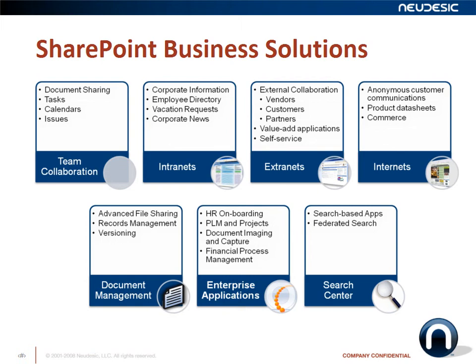Also, extranets. The difference between an intranet and an extranet is one of authentication. Obviously, you know who your vendor is, who your partner is, but really it's all about self-service for vendors, customers, and partners. Public-facing webs, yet another strong application of SharePoint, primarily for its web content management and authoring capabilities.